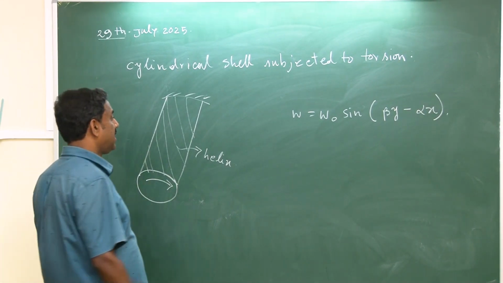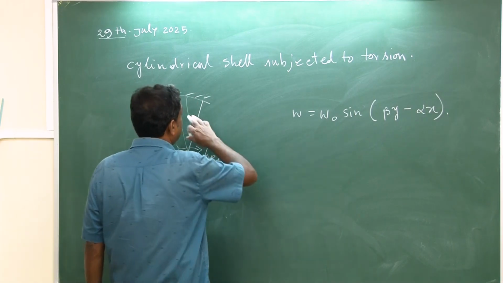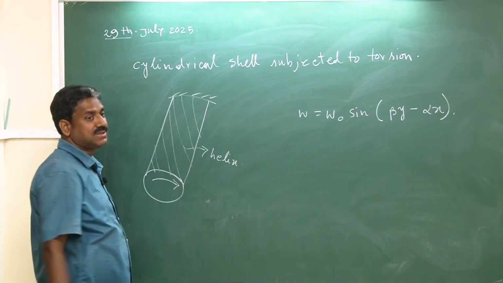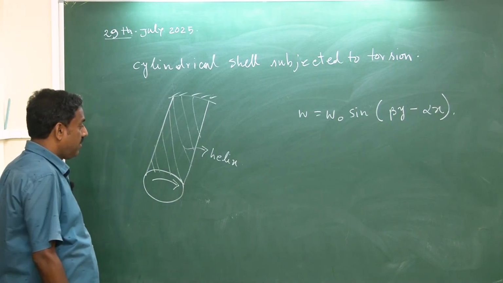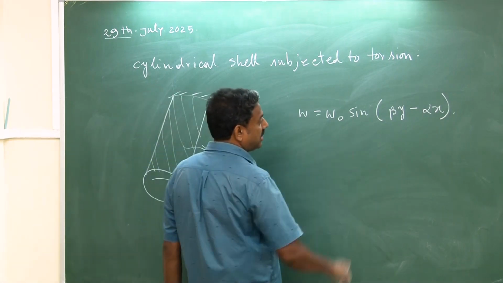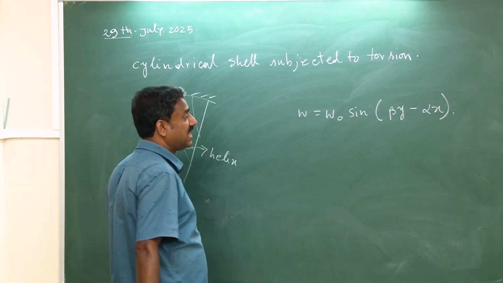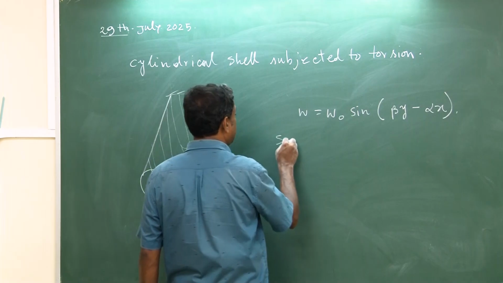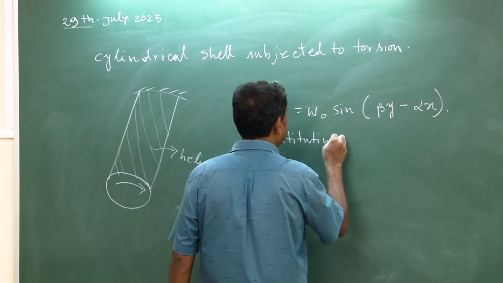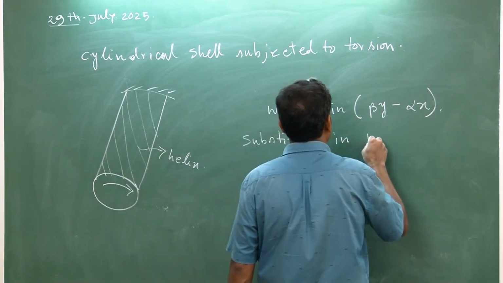boundary. Here we do not care about the boundary condition, please note that no inclusion of boundary conditions. It will be extremely difficult if you want to satisfy the boundary, it is not possible. So, W is equal to W0 sine, this basically mimics the helix, and then you substitute in Donnell's equation.